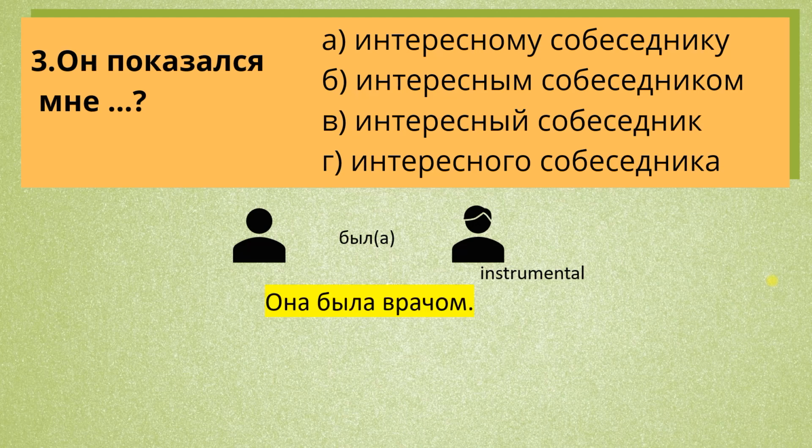Она была врачом. Why did I put an equal sign here? Because she was a doctor, she equaled a doctor, or she equals a doctor, but in the past. Really, she was a doctor, and doctor and she were the same person.